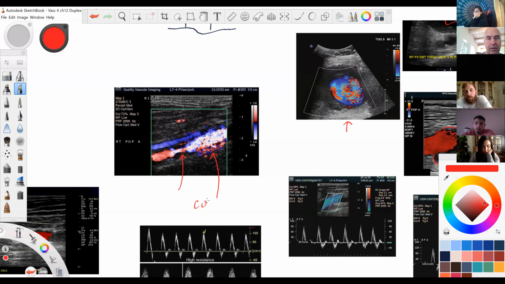That is a color bruit. If you listened to this, you would hear the vibrations. So basically, as it's going through, it's vibrating the tissue around here. So this is one reason, by the way, you don't want to have your gain too high, because you could fake a bruit, right? And no one likes fake bruits. All right.